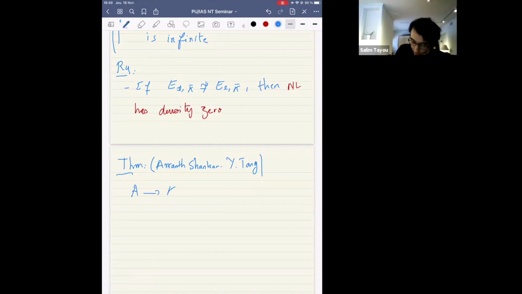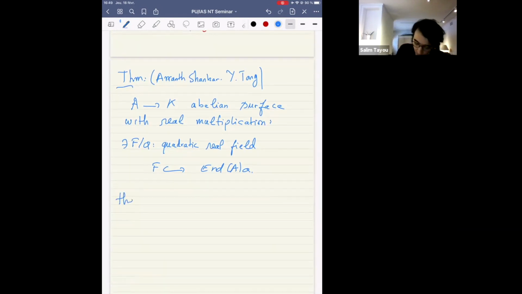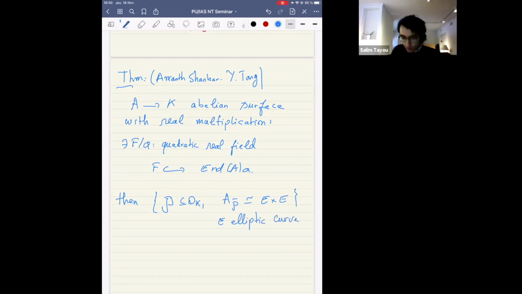If you take an abelian surface with real multiplication, meaning that there exists a real quadratic field over Q which embeds inside the endomorphism algebra of A, then the set of primes of O_K where A has good reduction, of course, and the geometric special fiber is isogenous to a self-product of an elliptic curve, this set is infinite.